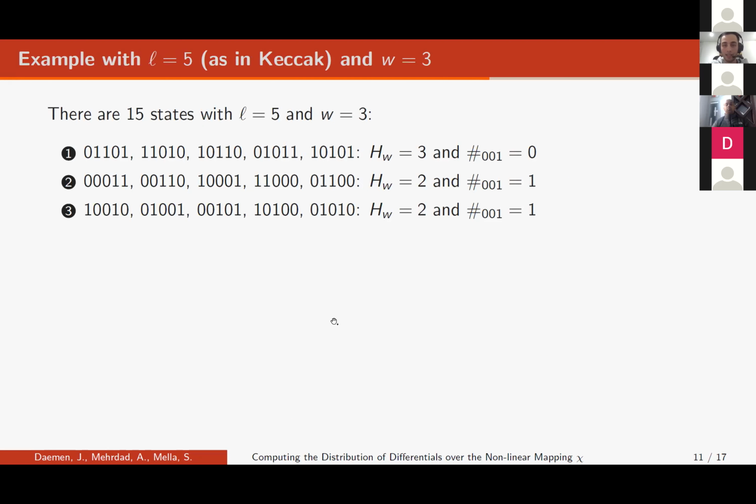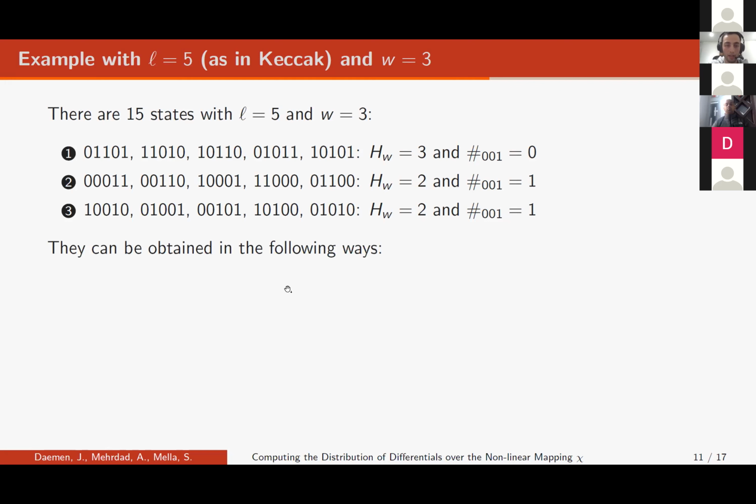So let's give an example first. These are all possible strings with length 5 and weight equal to 3. So you can either have Hamming weight 3 and 0 001 strings, or Hamming weight 2 and R equal to 1.